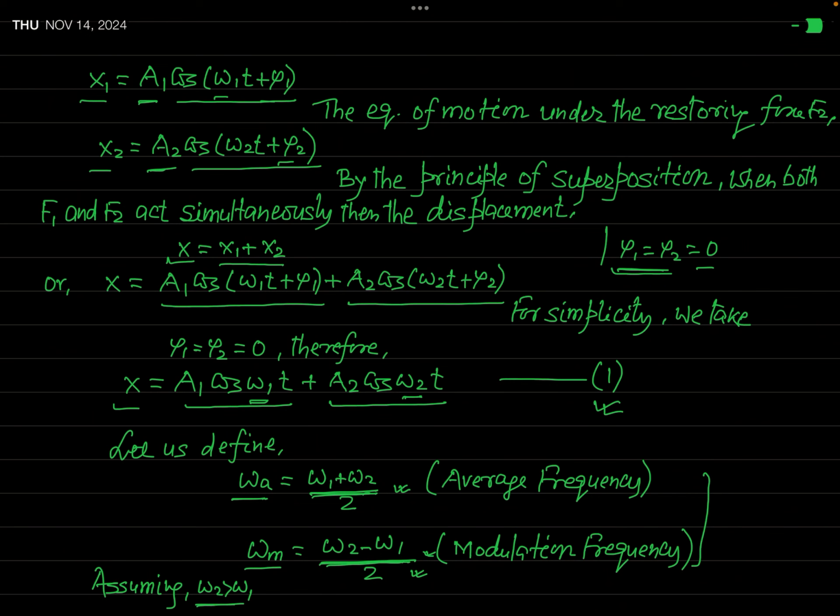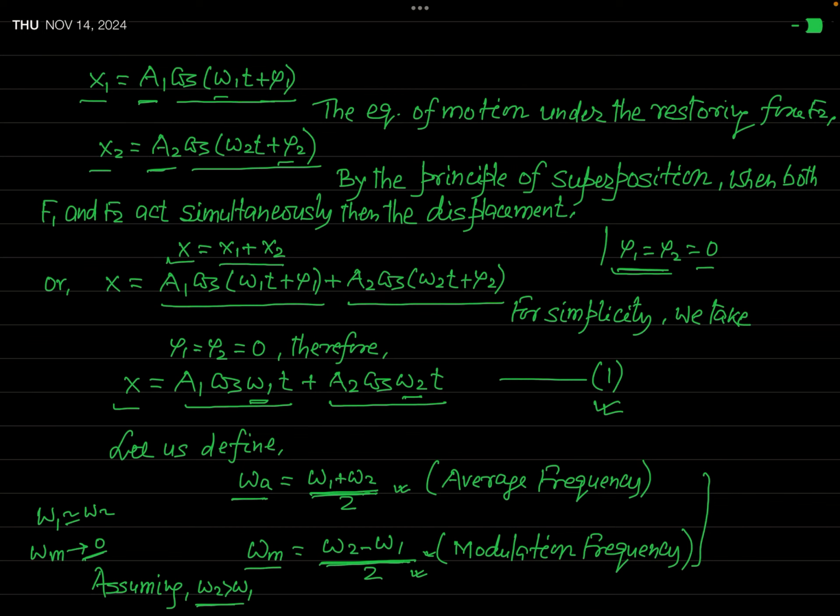Okay, so since omega 1 is almost equal to omega 2, you can see that this omega m will be very small because omega 2 minus omega 1 is taken here. So this will be almost tending towards 0.